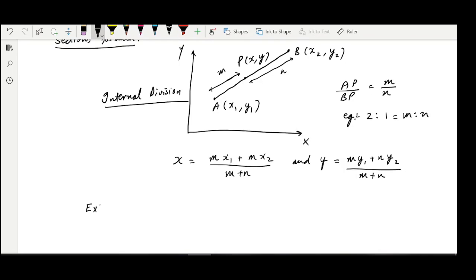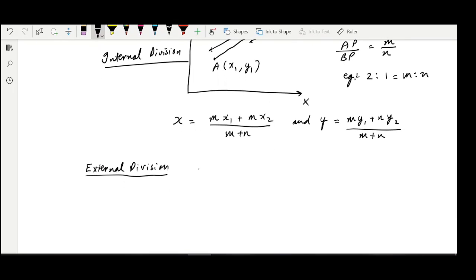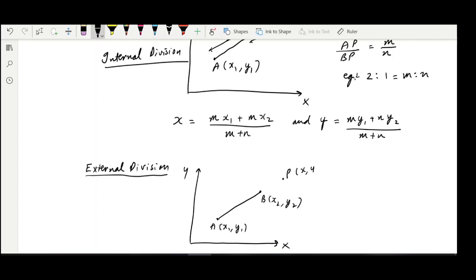Now let's look at external division. In external division, the same point lies outside the line. Let's see how the point will divide the line now. Here is the line AB, with (x1, y1) and (x2, y2). There's one point P(x, y).